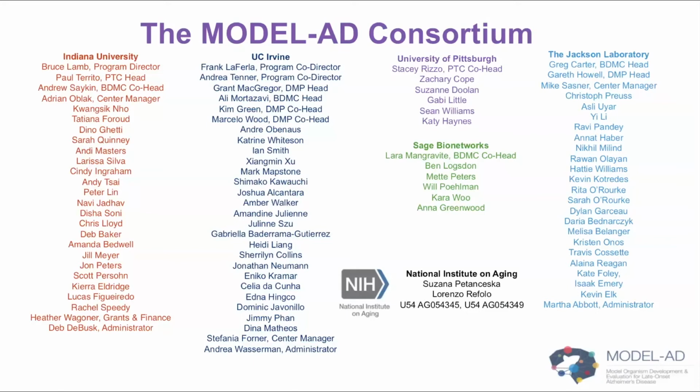And it's funded through 2 U54s, the first one to the Jackson Lab, Indiana, Pittsburgh, and Sage Bionetworks, and the second one to UC Irvine. What I'm going to be focusing on today is the work being done by our own consortium, so Indiana, Pitt, JAX, and Sage Bionetworks.